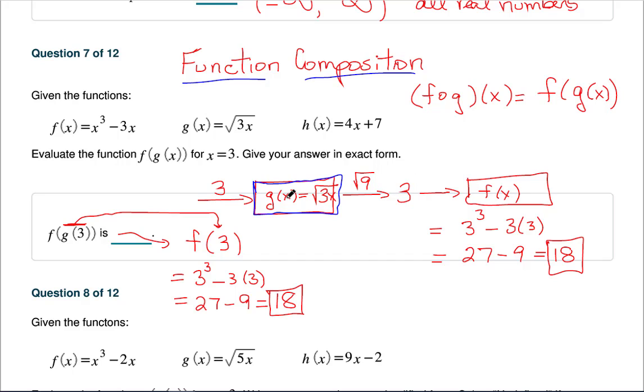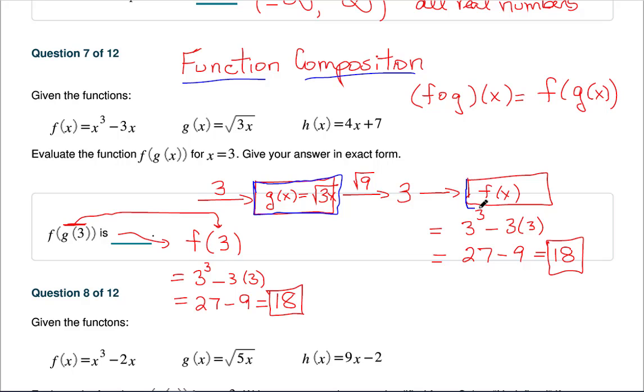So the output of g now is chained or funneled into the input for function f. So the two functions are kind of lined up. The output of one becomes the input of the next. So g of 3 is 3, and now 3 goes into f.